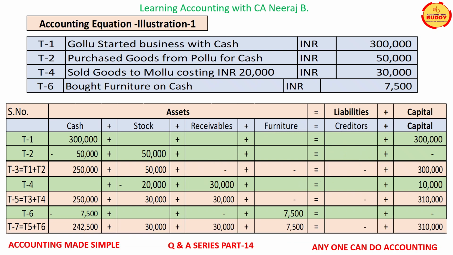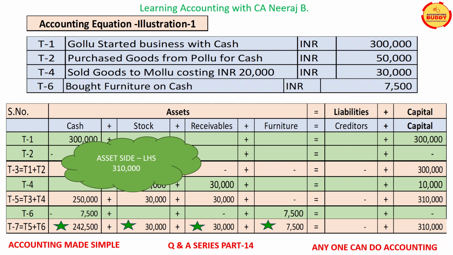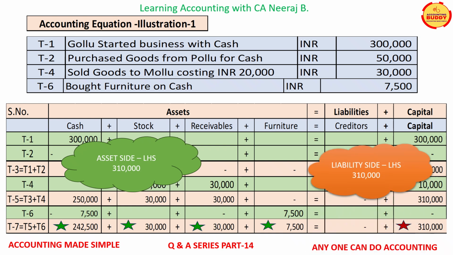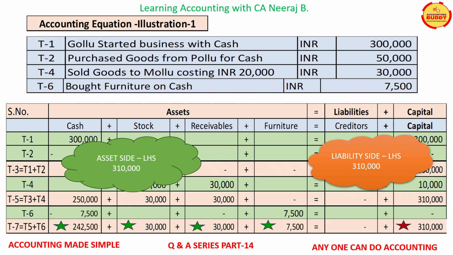Now post transaction T6, the new accounting equation will have cash 242,500, stock 30,000, receivables 30,000, furniture 7,500, totaling to the total assets of 310,000 on the left hand side, and we will have the capital of 310,000 on the right hand side of the accounting equation.